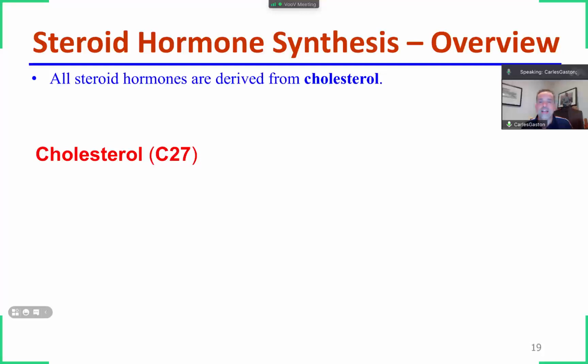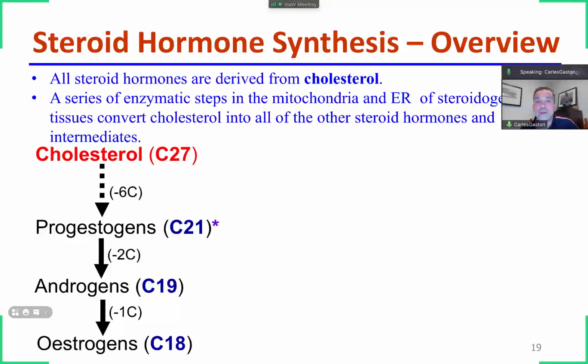But at this stage, you just need to know a little bit overall. So cholesterol has 27 carbons, right? All the steroid hormones derive from cholesterol. Remember that the cholesterol comes from different sources, okay? But the liver and diet.